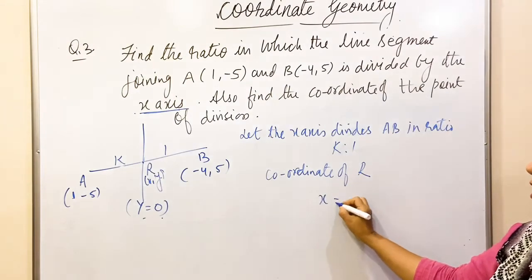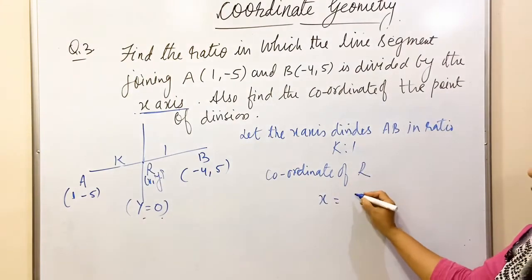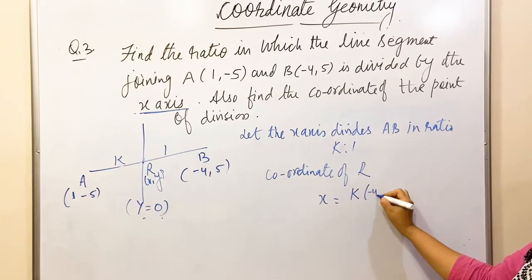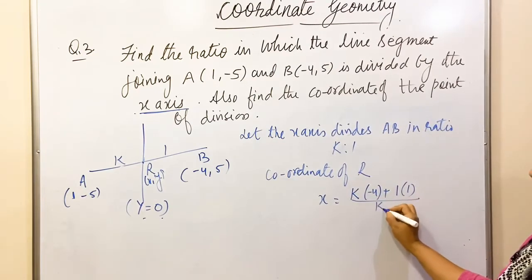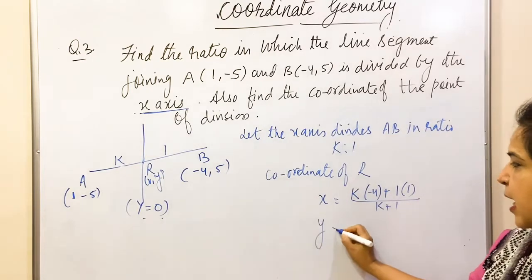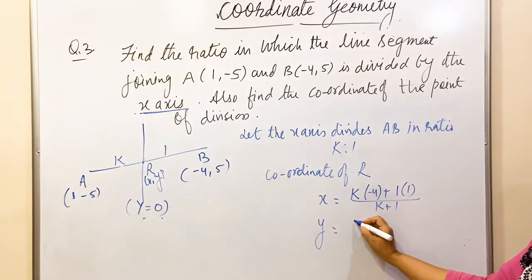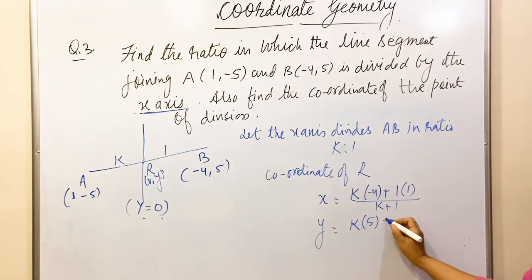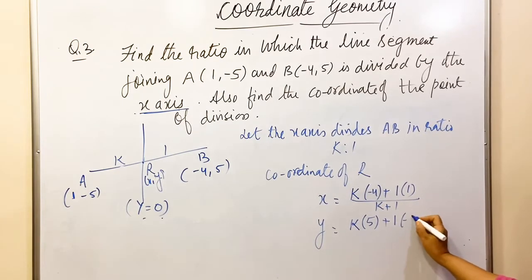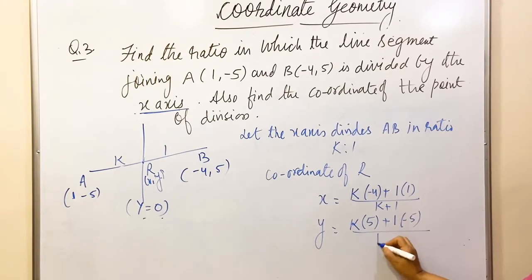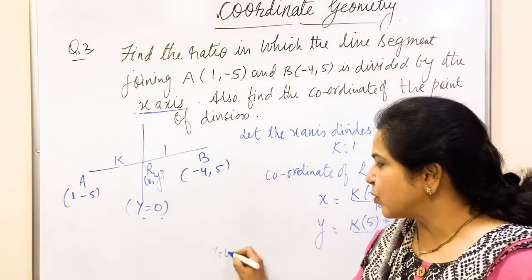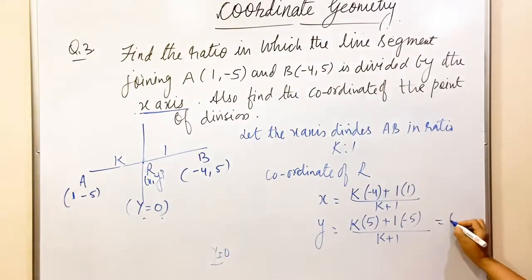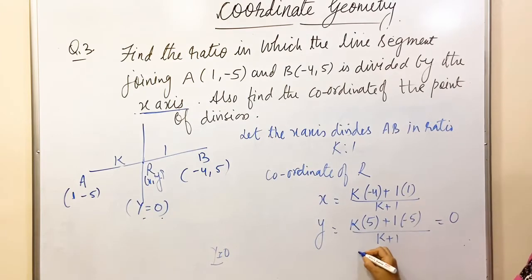So using the section formula, x is equal to (m x2 plus n x1) upon (m plus n). This is x, and y is (m y2 plus n y1) upon (m plus n). And for the x-axis, y is equal to 0. So using y equal to 0, we can find the value of k.